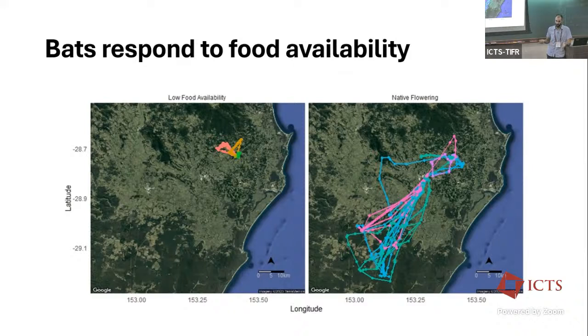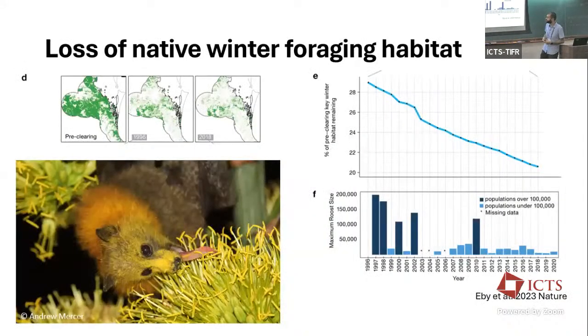The classic example that Reina always gives is bats going and feeding on lemon trees in some of these agricultural areas. So it's a really resource-poor food, and they were reaching this level of nutritional stress.